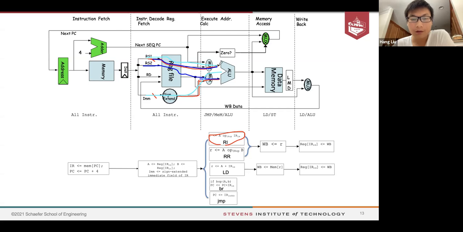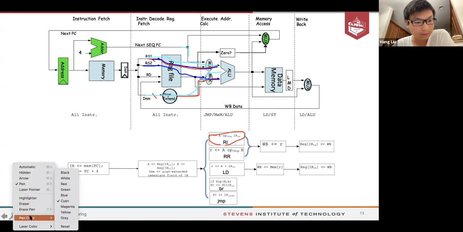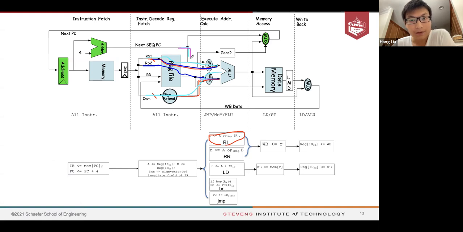For branching, you use the PC here and the immediate, right? This is how you understand it. And for jump, you directly use the jump address and pass it down to the PC, like here.